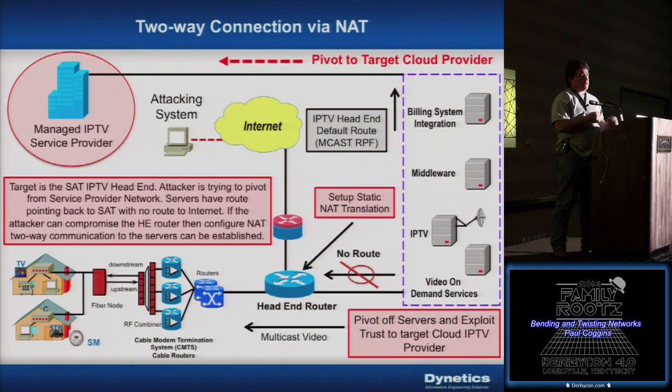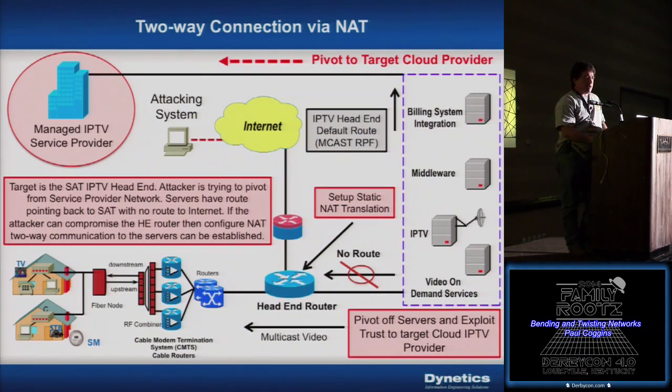Looking at the router and the layer 2 information, the ARP table, we could see all of this infrastructure back there, but we could not get the two-way connection. It turns out that they had their default routes pointing back north toward that cloud provider, and so we could not get a two-way TCP connection.